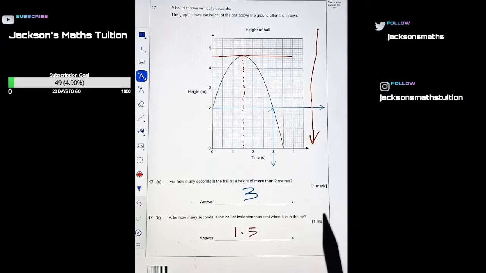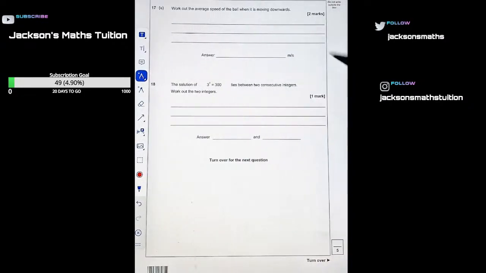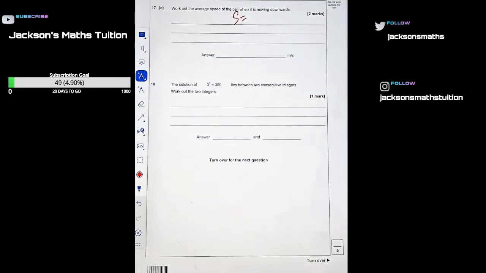Okay, so speed. Let's work out speed. Speed is going to be, and you need to remember how to calculate speed. Let me draw in the triangle. D at the top, S, T here. So this is another one you need to remember. So to do speed is distance divided by time.